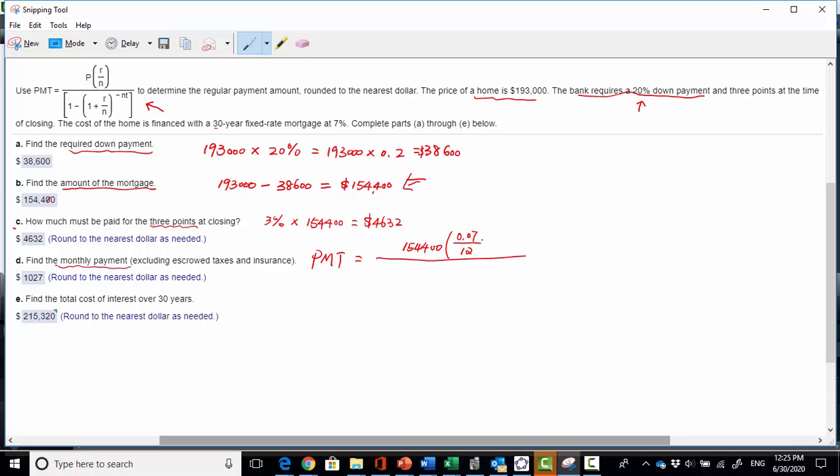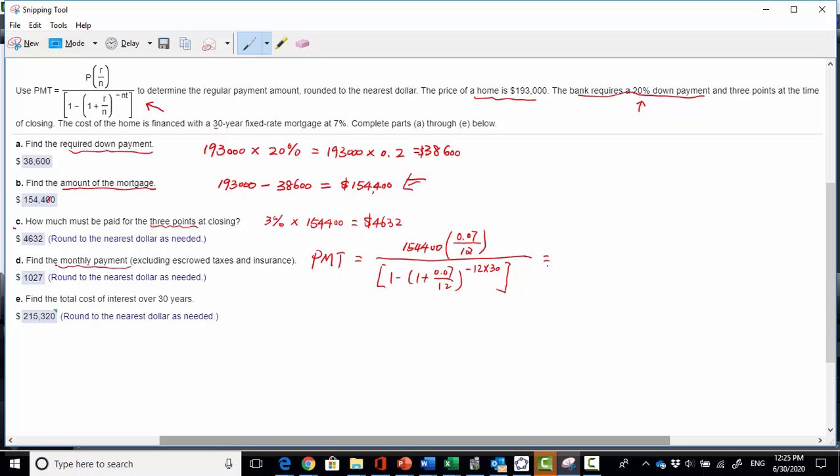N will be 12 if you're making a regular monthly payment. Then divide by the bracket, 1 minus, parenthesis, 1 plus 0.07 over 12, close parenthesis, raised to negative 12 times 30, since it's a 30-year mortgage, then close bracket.